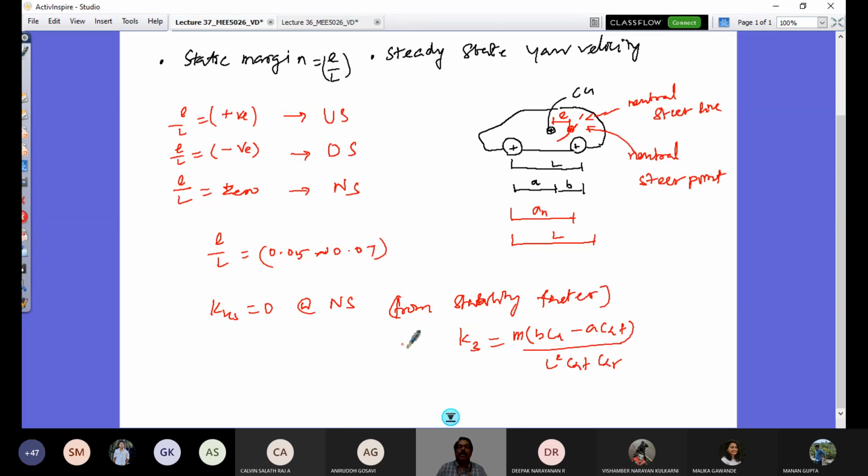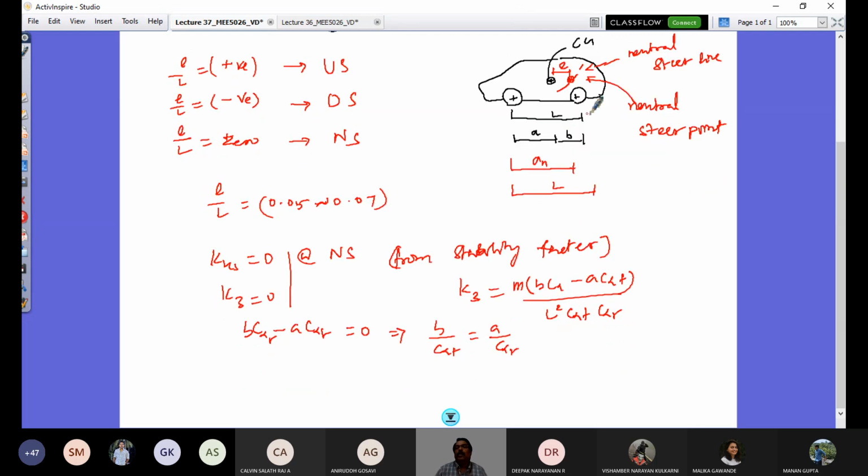So when K_US is 0, what do you mean by that? K3 is 0, to put it another way. So it is going to be B C alpha R minus A C alpha F equals 0. That will result in the ratio B by C alpha F equal to A by C alpha R. And what is B now with respect to the neutral steer point?